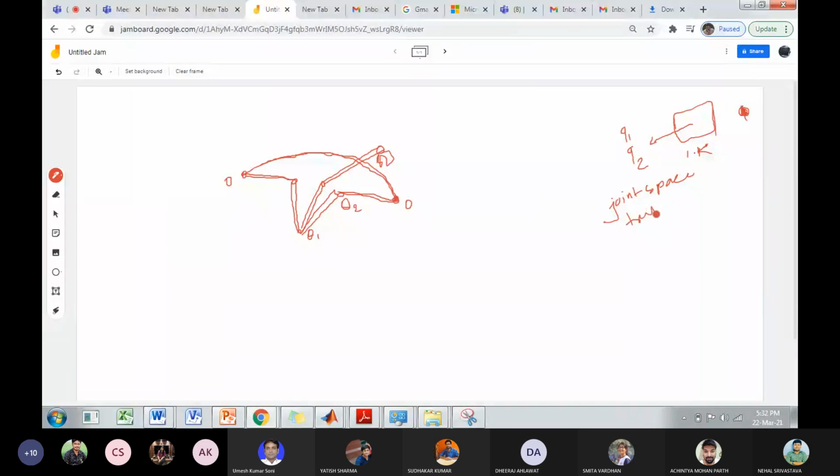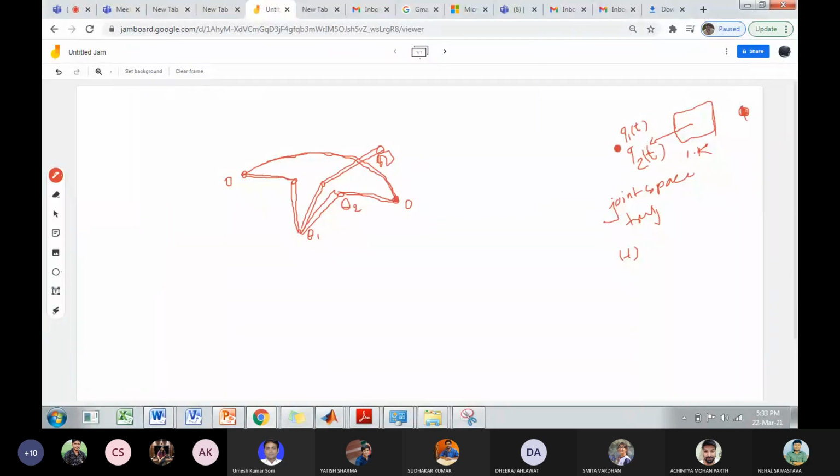Trajectory means the variation with time. According to the path followed by the object, we have certain required variations of q1 and q2.